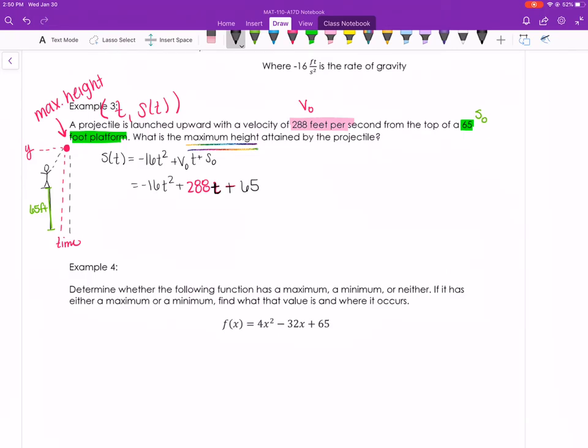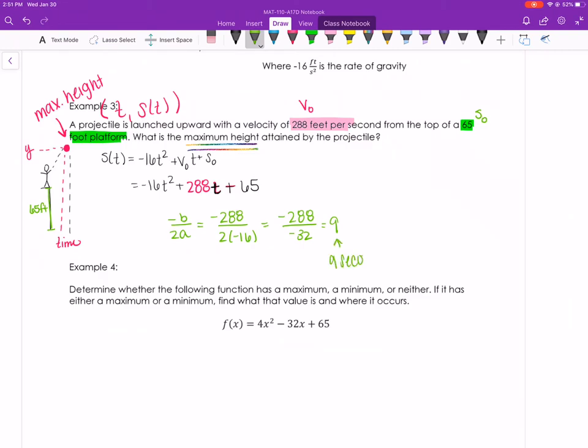Take that thing, I'm going to find the vertex, so negative b over 2a, which will be negative 288 over 2 times negative 16. So I have negative 32 on the bottom. I'm going to type that thing into my calculator. Gives me 9.